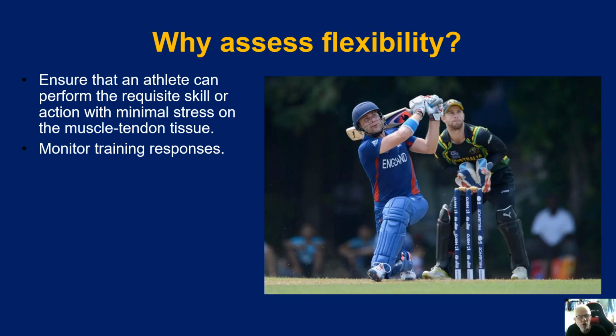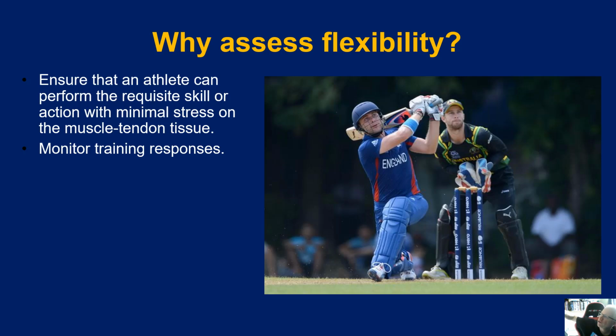Again, it is the most overlooked parameter, I would argue, in exercise physiology. We assess an endurance runner and we might assess their VO2 max, their economy and their lactate responses. But fundamentally, they're almost meaningless unless we actually know that they've got a good range of motion.